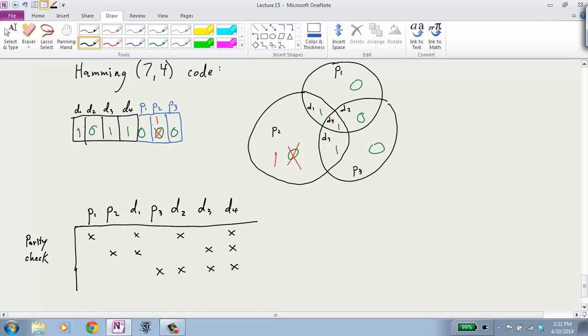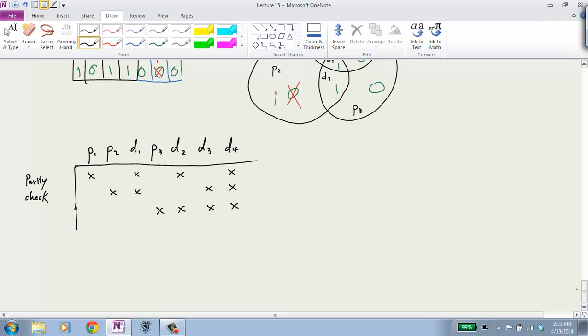So the x's, if you have a bunch of x's in a row, then it means check that as a parity check. Okay, add those up. And you could then go to the next Hamming code. You put another parity here. And then you put a bunch of data. And then you continue the pattern. So you check there, check there. Whoops, don't check.